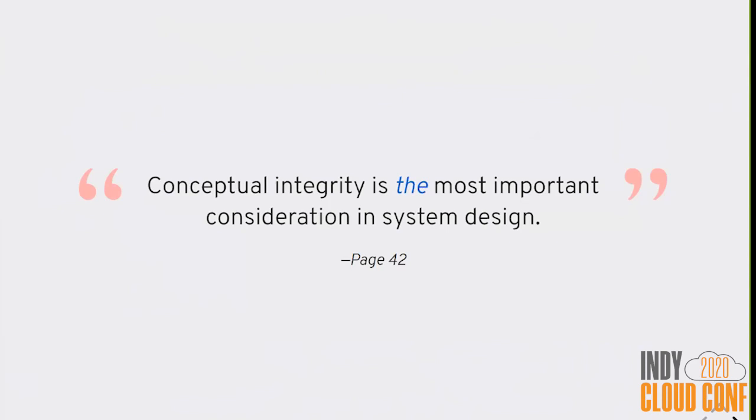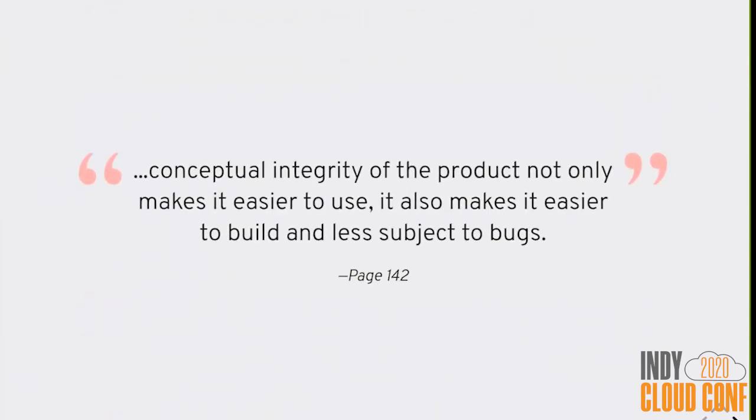But also, conceptual integrity of the product not only makes it easier to use, it also makes it easier to build and less subject to bugs. Because that one set of nouns concept applies just as much to the developer as it does to the user. If the architecture and the language is consistent, that means the developer can fit more of it in their brain at the same time and thus understand what they're doing.